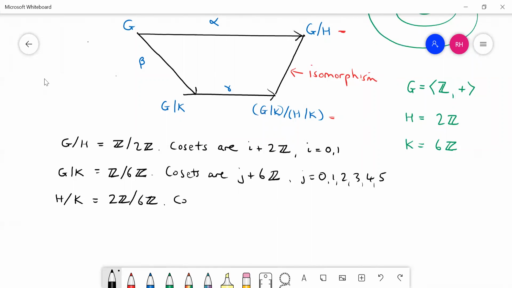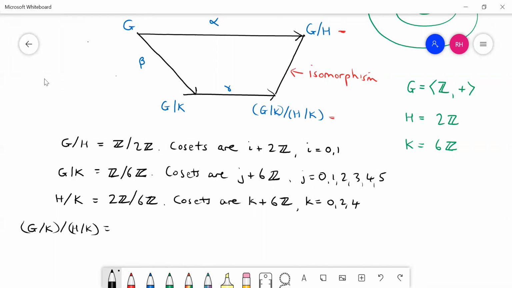So you would say, well, 2Z is actually K plus 6Z. So you understand 6Z, Mr. Alien. So you just have to add 0, 2, and 4 onto 6Z, and you'll have 2Z. And then finally, we need to do GK, which we've worked out, and HK.